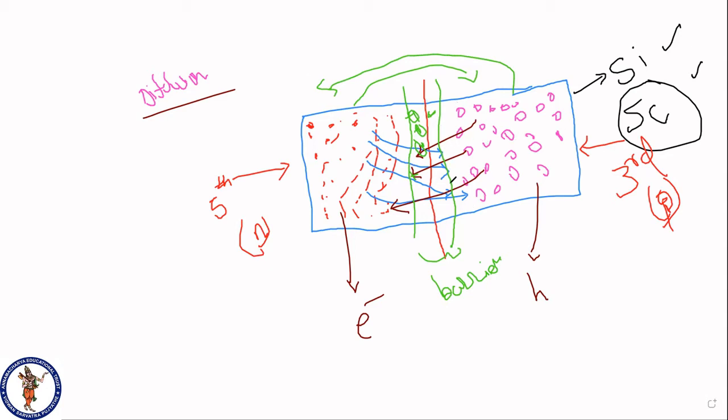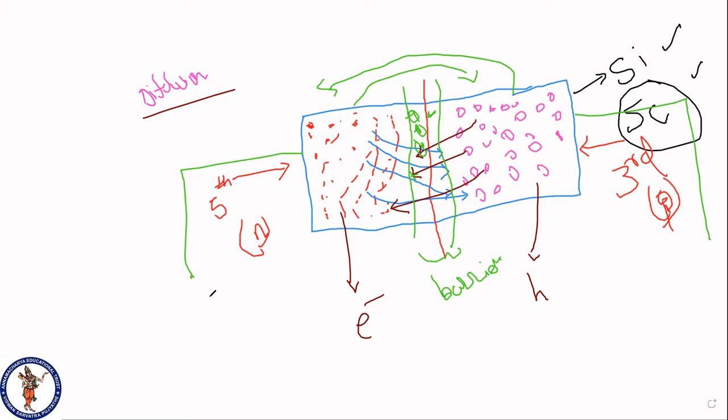Once the barrier has been created, at that time our p-n junction will be ready. But keep it in mind, guys, we haven't applied any additional voltage so far. This is still in natural conditions.